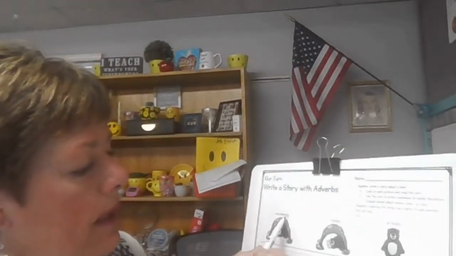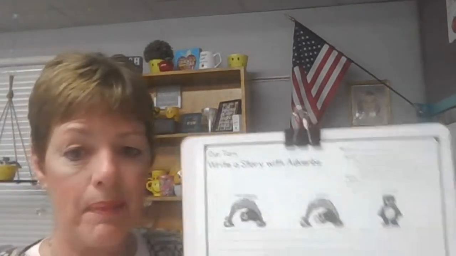The bear was sleeping in his den. Yes, the bear was sleeping in his den. Okay, but then it says, how? Because it says underline the verb sleeping. How was the bear sleeping?